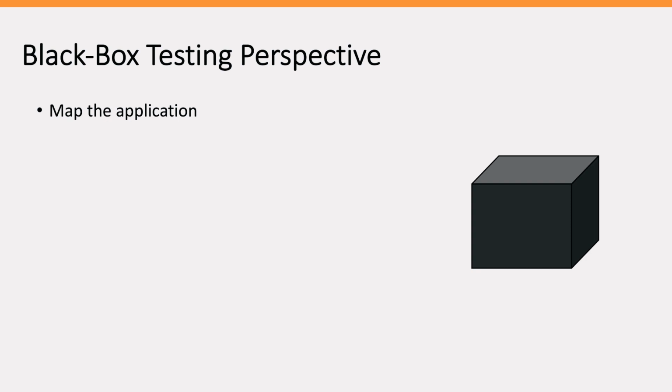So mapping the application is such an underrated step when it comes to pen testing applications, although I would argue it's probably the most important step. And the reason I say that is because I usually see beginners in this field get way too excited about the fact that they're testing an application, and then the first thing that they do is start throwing potentially malicious input vectors into the application to see if the application responds in an unusual way.